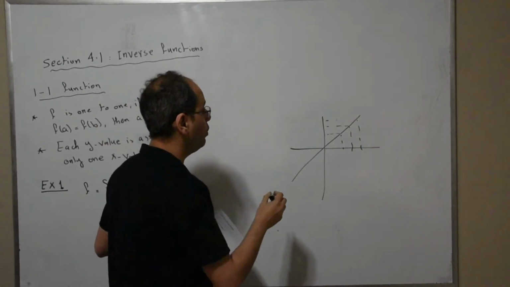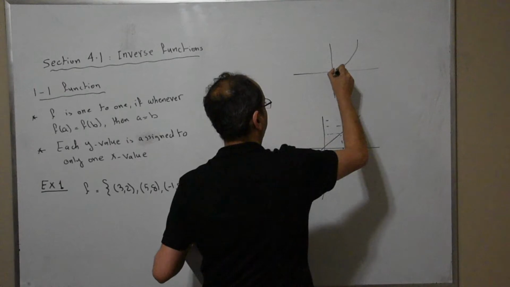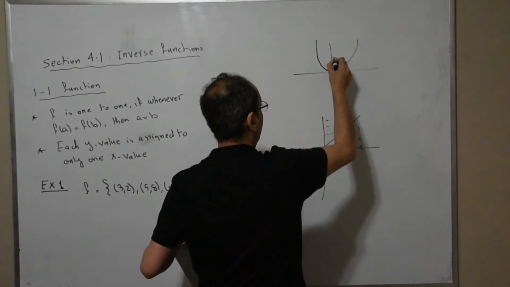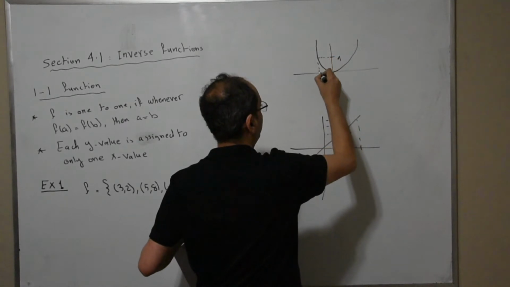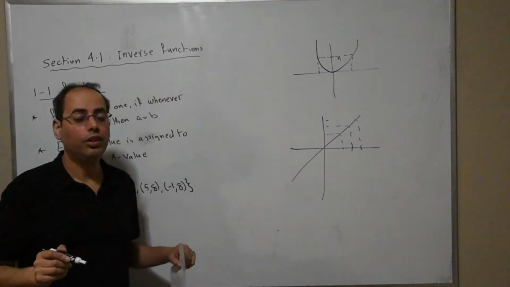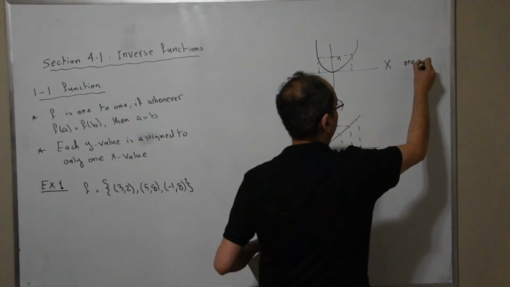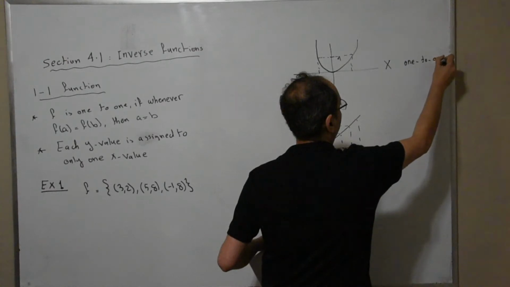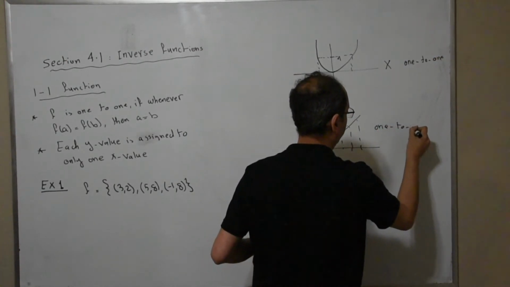On the other hand, if we go to a function like x squared, each y value, let's say this is 4, has two x values. So that is not one-to-one. This one is one-to-one.